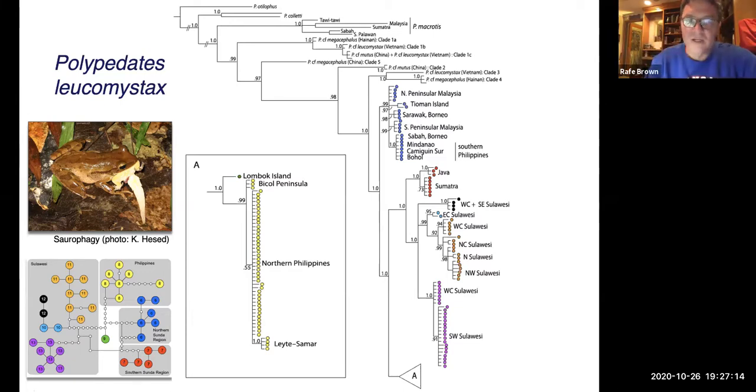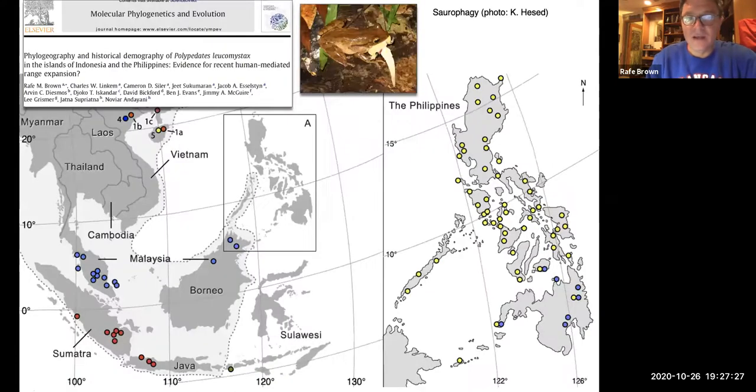And this is the single locus phylogeography era, so maybe it's not surprising that we didn't find much variation. But across all the Philippines, it seemed like we found no structure. And so we came up with an interpretation and a story and discussed the possibility of human-mediated range expansion.